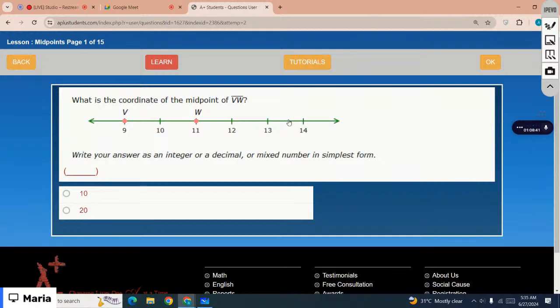The coordinate of V is 9. For W, it is 11. So exactly the midpoint is 10, right? You can see this one is the midpoint. The correct option is 10.